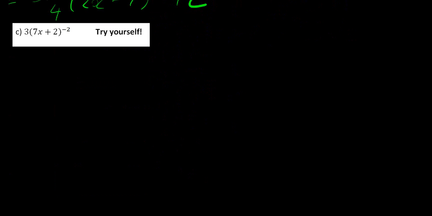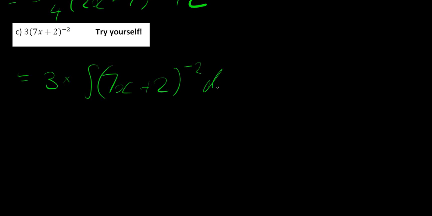Now, using the previous 2 examples, you can probably try this one yourself. Otherwise, we'll go through this one as well. So, over here, this 3 in front, we don't want to deal with it when we want to anti-differentiate the bracket here. So, we're going to chuck this to the outside and anti-differentiate 7x plus 2 to the power of negative 2 with respect to x.